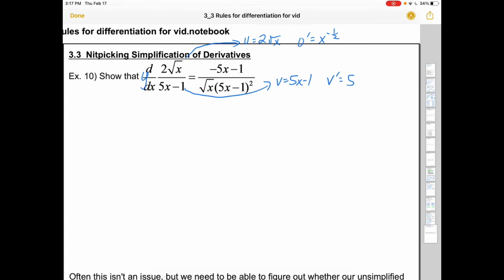And let's make this y, this whole function here. So we're going to say y prime is equal to u prime v minus u v prime all over v squared.